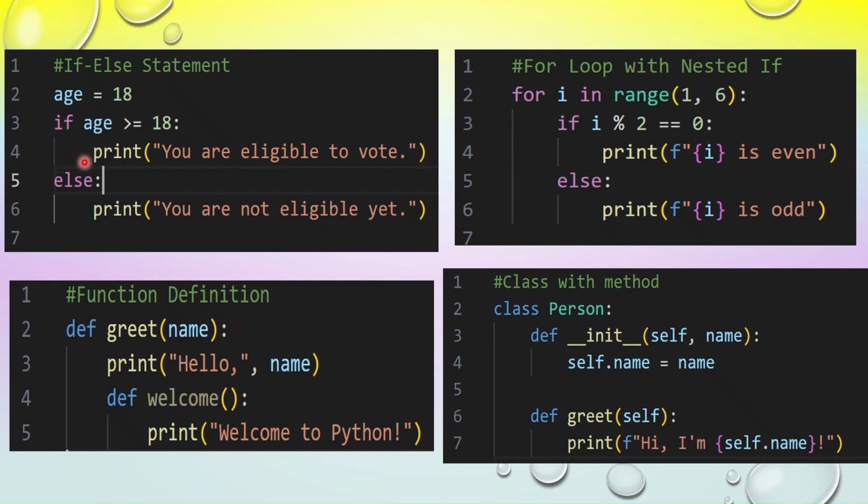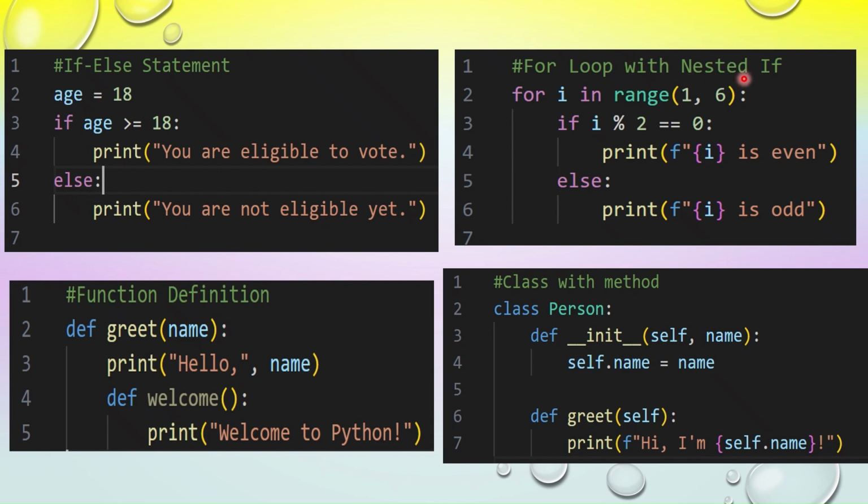That's why we have given some indentation before it. Similarly, we have given one more else block, and inside this else block we have one print statement followed by indentation. So these two blocks are at the same level, and whatever statements go inside these blocks need to follow indentation like this.